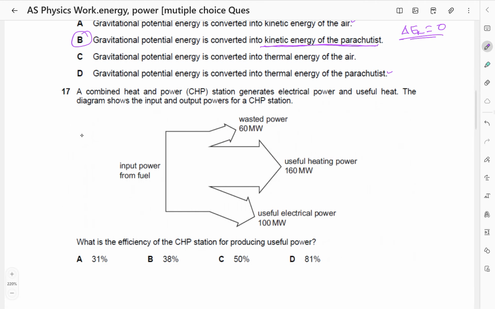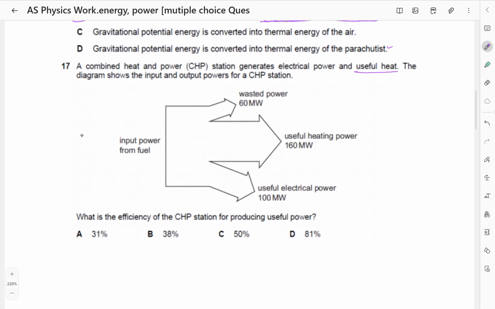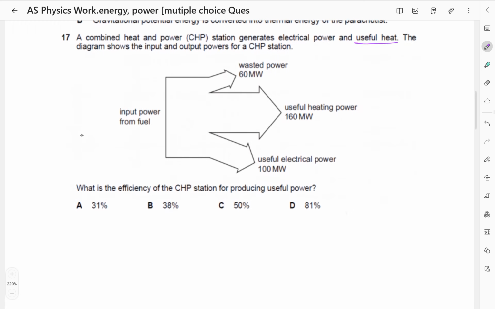A combined heat and power station generates electrical power and useful heat. The diagram shows the input and output powers for a combined heat and power station. What is the efficiency of the combined heat and power station for producing useful power?